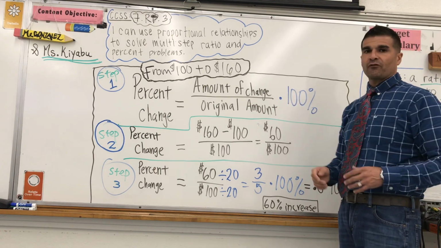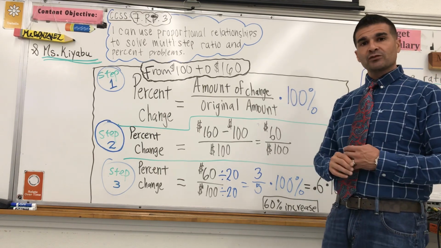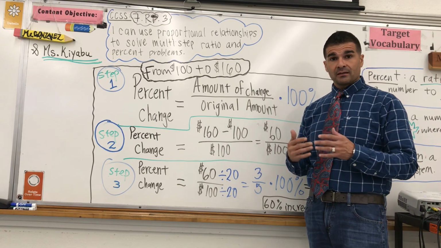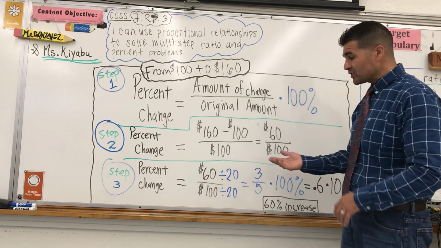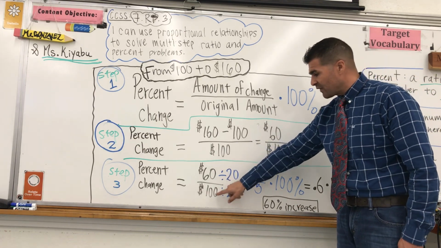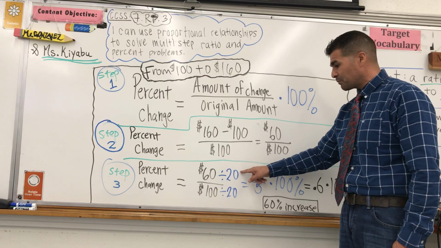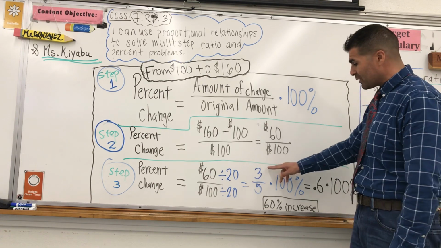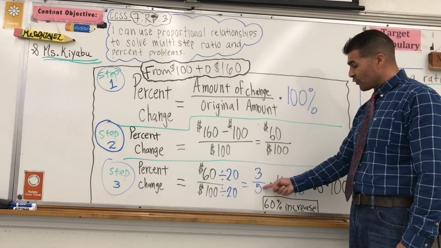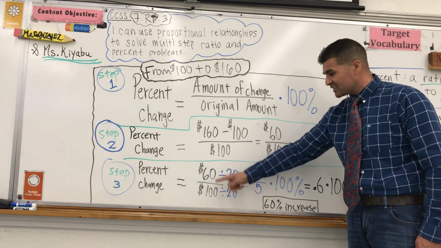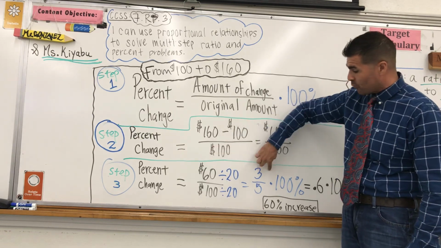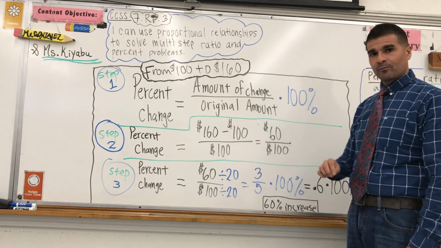So let's reduce our fraction. If we can reduce our fraction, we get the same decimal, but we're just making the numbers a little smaller. $60 divided by $100 can be reduced by 20, and that will give you 3 over 5. Now this 3 over 5 is equal to 60 over 100. These two fractions are the same amount.